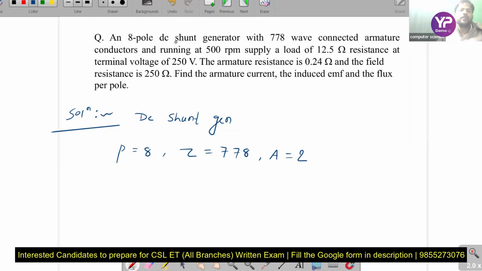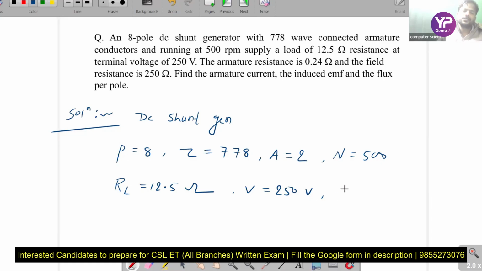An 8-pole DC shunt generator with 778 wave connected armature conductors is running at 500 rpm. The speed of rotation is 500. It supplies a load of 12.5 ohm resistance, at terminal voltage V equal to 250 volt.